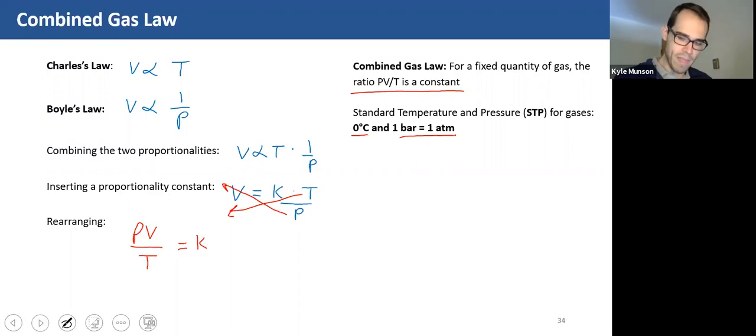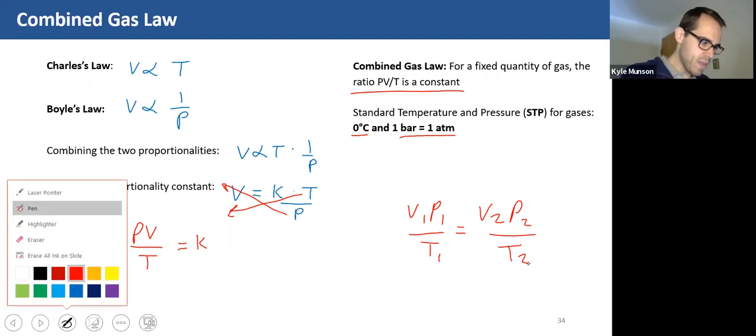But from this, again using subscripts 1 and 2 for initial and final variables, we get V1 P1 over T1 is equal to V2 P2 over T2.